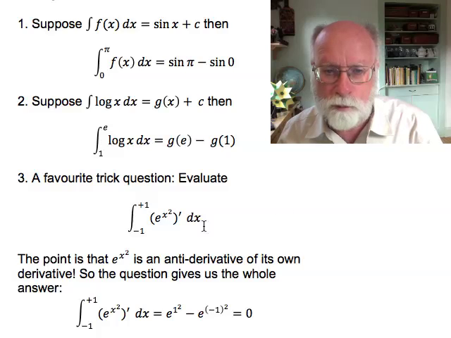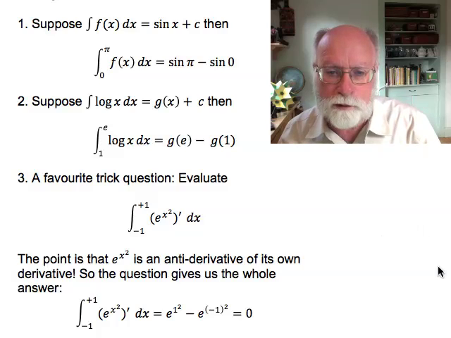E to the x squared is an antiderivative of its own derivative. And that's what makes this question into such a circular, easy thing to evaluate if you understand the fundamental theorem of calculus. If you integrate a derivative, you really are just going back to that function as the antiderivative.